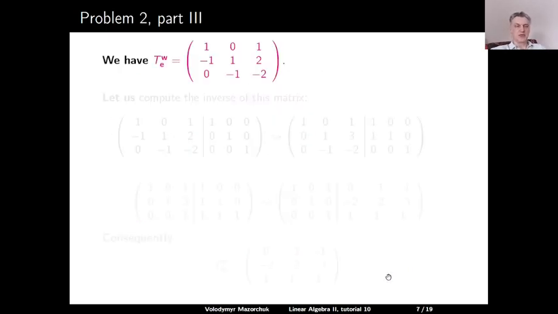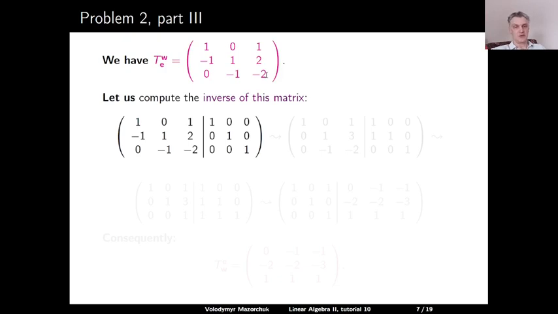So the transformation matrix from E to W is the matrix, if you read it column-wise, 1, minus 1, 0, this is W1, then 0, 1, minus 1, this is W2, and then 1, 2, minus 2, this is our vector W3. So let us compute the inverse of this matrix. This will be the transformation matrix back. So we write this matrix, vertical line, and the identity matrix, and we reduce the left-hand side to the identity matrix using Gauss elimination.